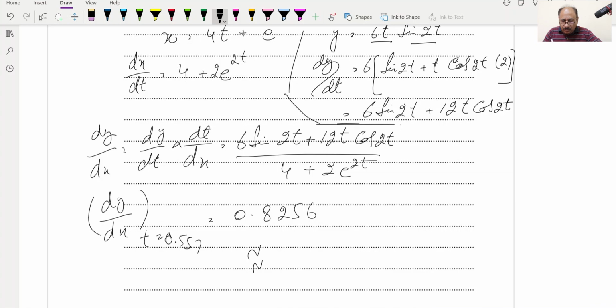So the answer to 3 significant figures will be 0.826. This will be our final answer for this part.